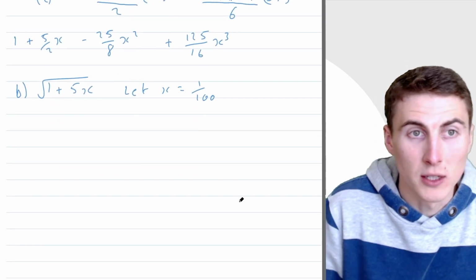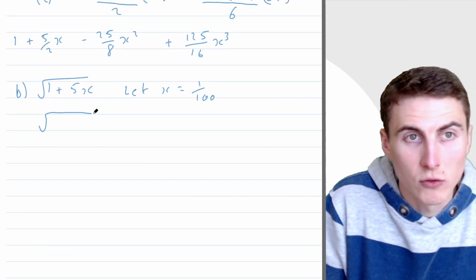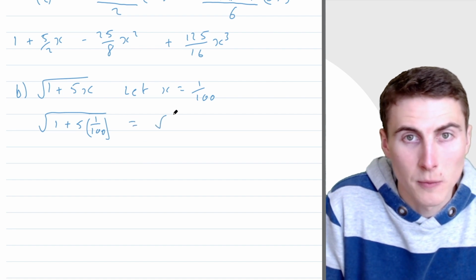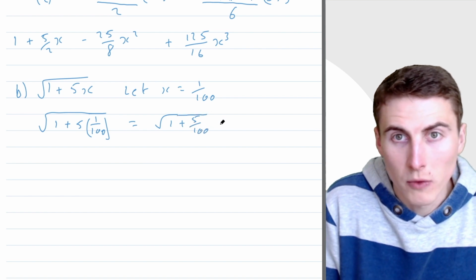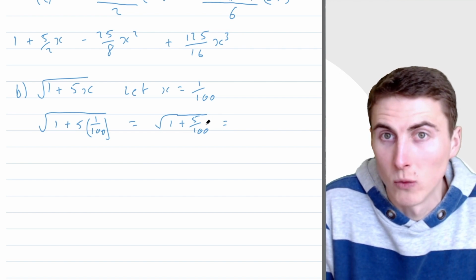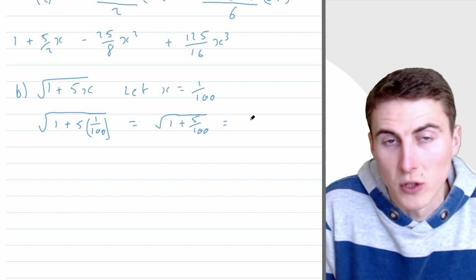So if we actually plug that in, we're going to get the square root of 1 plus 5 sets of 1/100, which is the same thing as the square root of 1 plus 5/100, which you could put straight into your calculator and it would give you what they want, or you could go through all the steps.